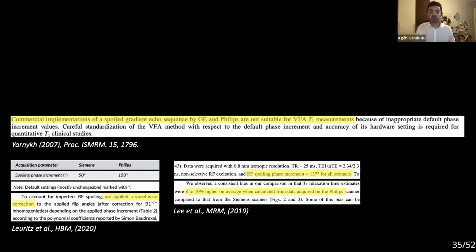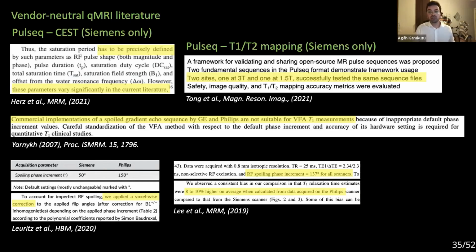And I think this goes to show the importance of a completely vendor neutral approach. Two recent studies developed vendor neutral sequences and performed quantitative MRI, but they were within vendor. So the effect of a vendor neutral approach on inter-vendor variability was an open question.